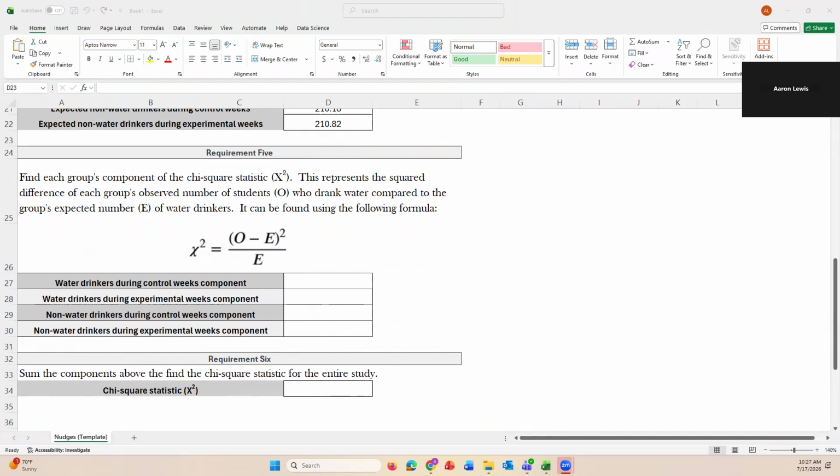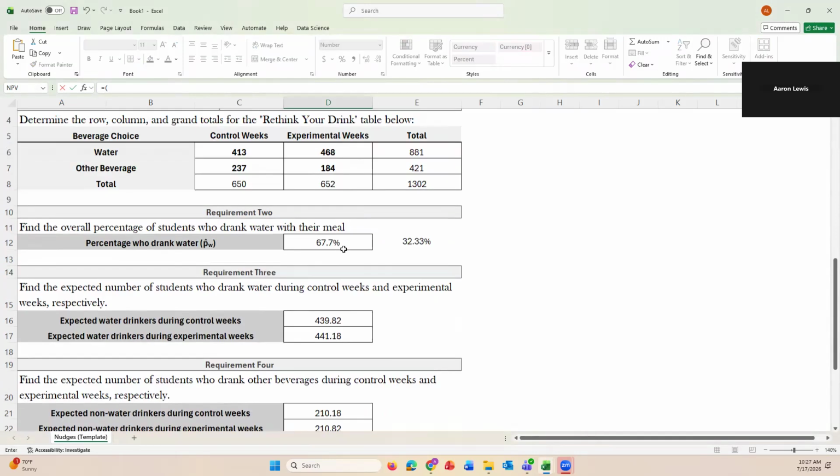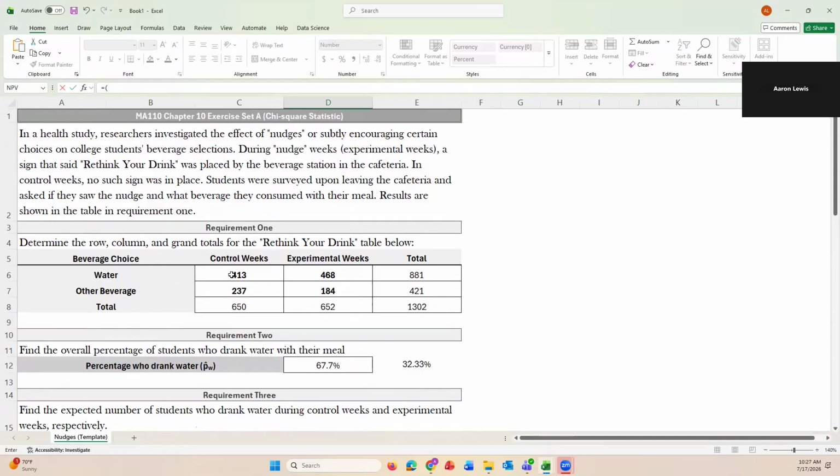For our water drinkers during control weeks component, one of our 4 possible combinations, I'm just going to use that formula that's listed here up above. The observed amount minus the expected amount squared divided by the expected amount. So for this could be equal to the observed amount of water that was consumed during control weeks. Let me go up and find that number. The observed amount of water that was consumed during control weeks is here in cell C6, 413.